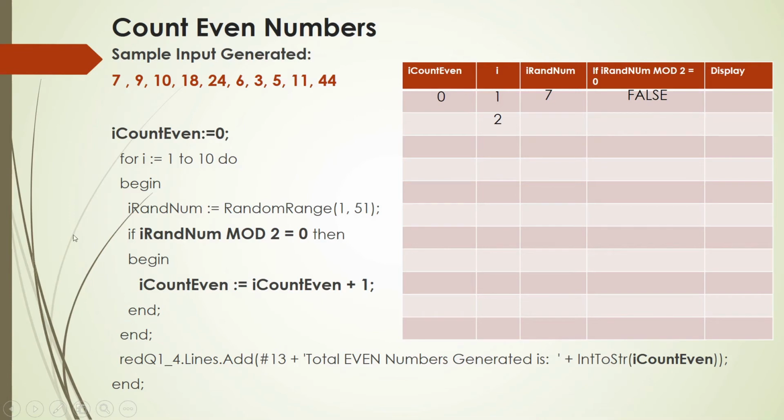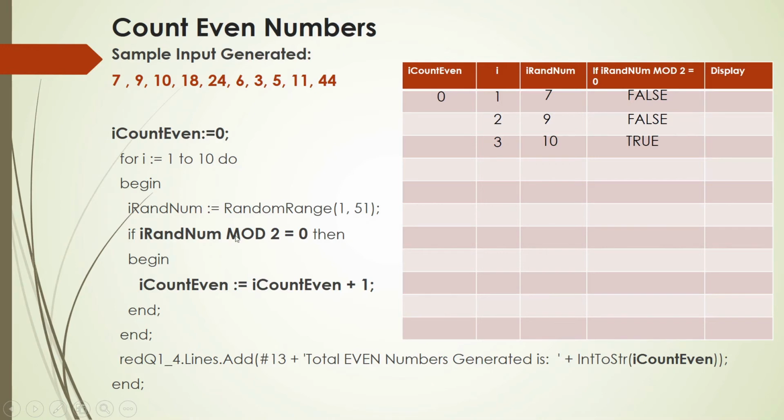i now becomes 2. Test the condition, true. I generate the next number, 9. I check in my if statement if 9 mod 2 equals 0, false. Nothing happens. Go back up and i is now 3. Test the condition, true. Generate the next random number, 10. I now check if 10 mod 2 equals 0, true.